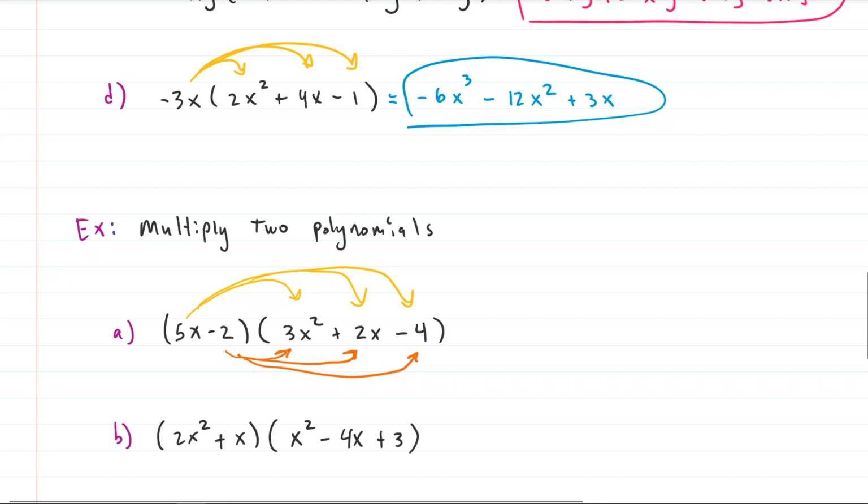This first one, we're going to start with the 5x, multiplying the 5x through. So 5x times 3x squared gives us 15x to the third power. And then 5x times 2x gives us 10x squared. And then 5x times -4 gives us -20x.